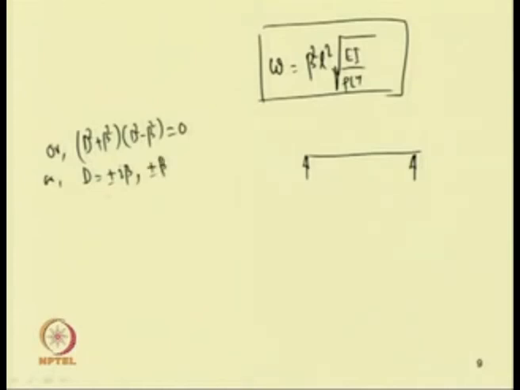So, one can get 4 roots, and from these 4 roots one can find the general solution for ψ(x).